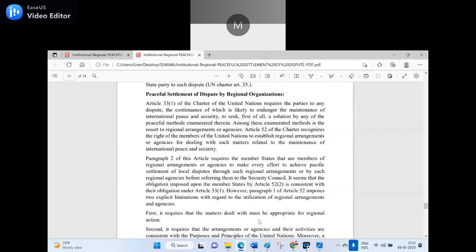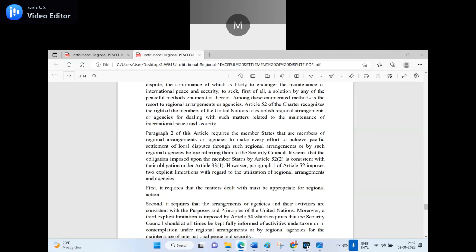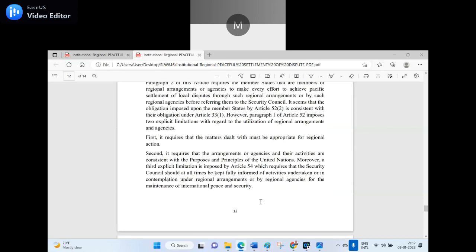First, it requires that the matter dealt with must be appropriate for regional action. Second, it requires that the arrangements or agencies and their activities are consistent with the purposes and principles of the United Nations, which means nothing but jurisdiction. Whether that court, agency or regional office has the right or jurisdiction to entertain such a case or not.